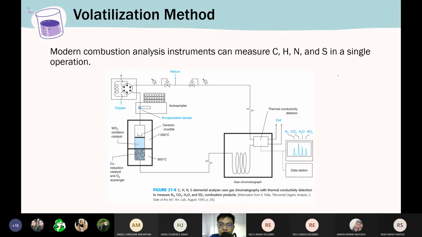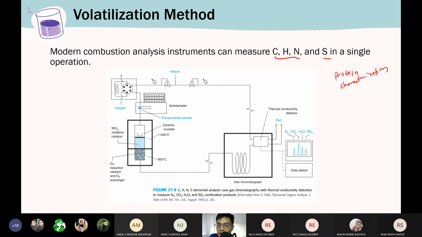And this is common in protein characterization. Why? Because protein is made of these compounds, no? So CHN is parang base structure ng protein. Okay?